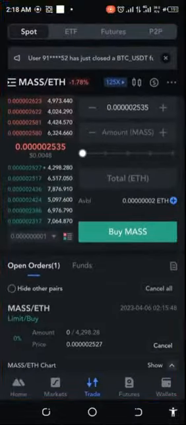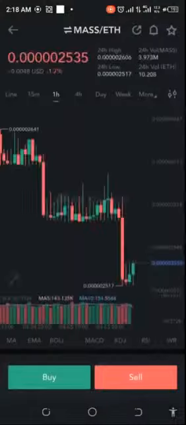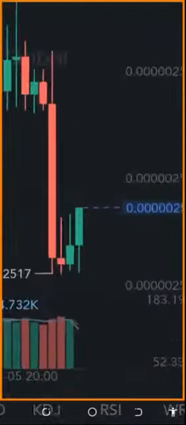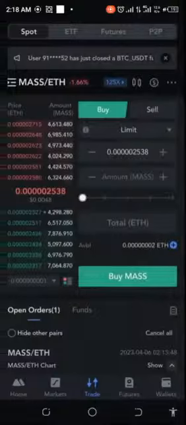The price is currently 2535, so it has to go down to 2527, which is somewhere around here. 2528, 2528, 2527. Yeah, something in this range. So we needed to see it come back down. But anyways, I'll be back to give you the results. Let's see how this goes.